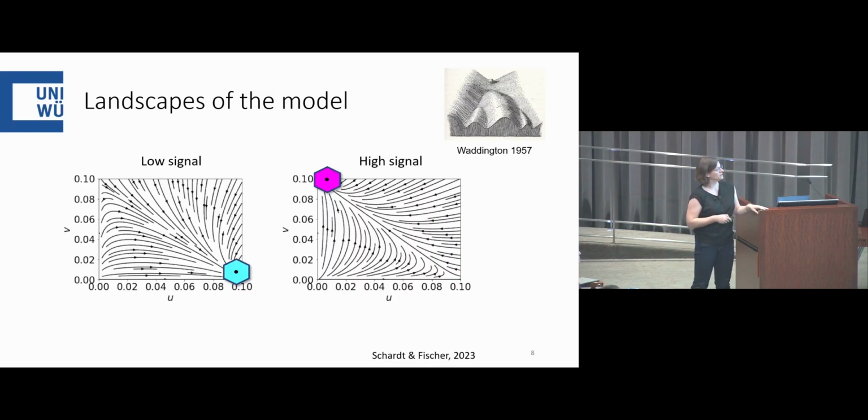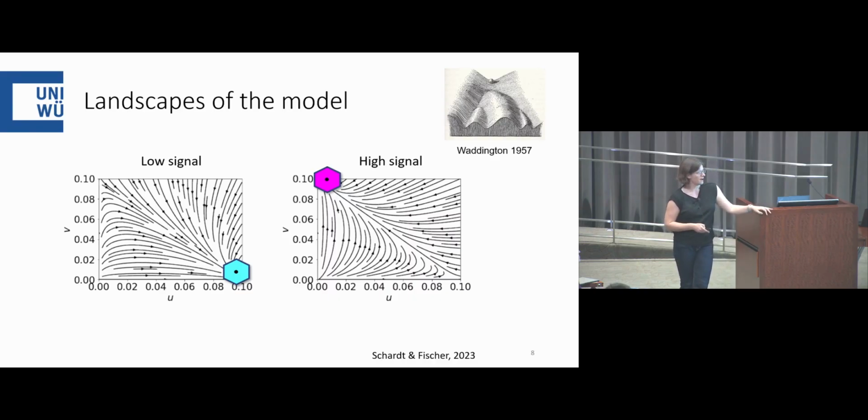If we have a low signal, then the cells will go to this U state. If we have a high signal, the cells will go to this V state, and then there's going to be a transition in the middle. And these models give you what people were asking for earlier, yesterday, for example, that if I have my cell somewhere here, I know exactly where it's going. So in these models, we have all this information.